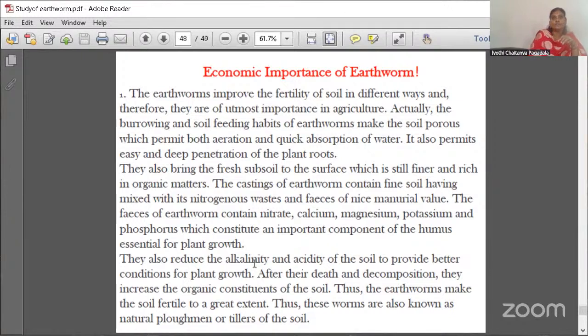Ayurvedic and Unani systems of therapy suggest that these worms were used in making medicines for curing several diseases like bladder stones, jaundice, pyorrhea, piles, rheumatism, and even today there are many studies, and these are used in making various medicines of vital importance in India as well as in other countries. And this is about the economic importance of earthworms.